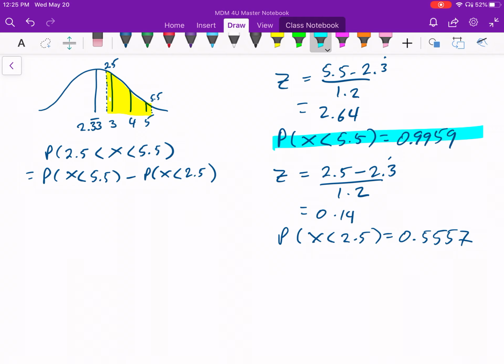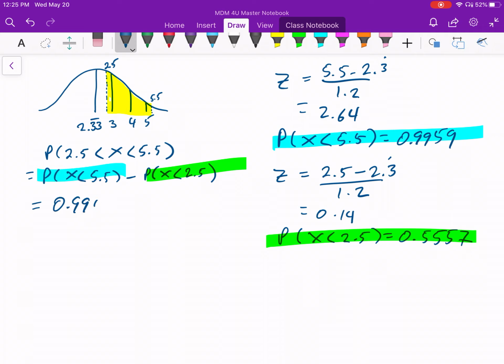So stick with my color code. And the difference between the two of them is 0.4402, or about 44%.